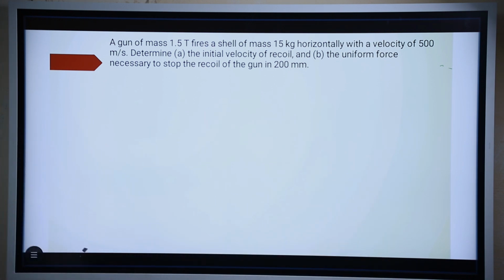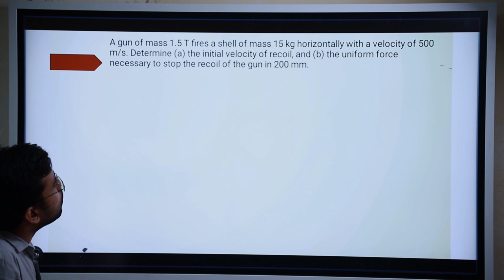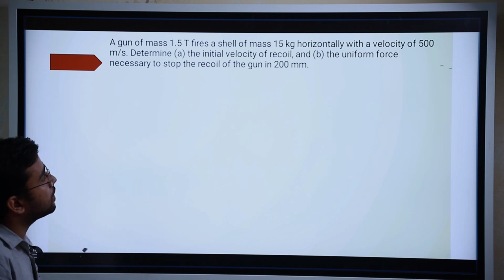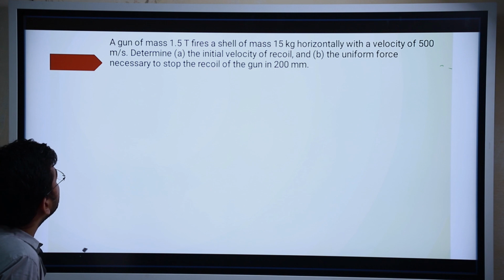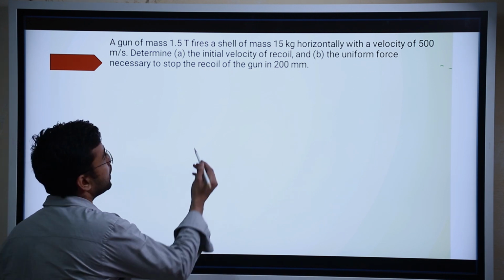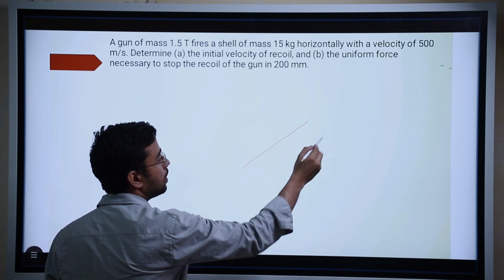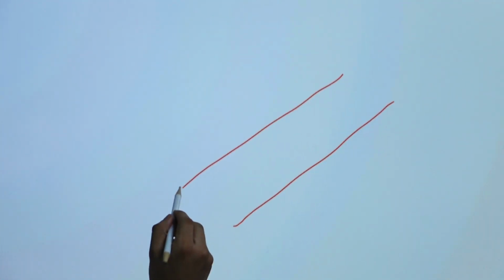A gun of mass 1.5 ton fires a shell of mass 15 kilogram horizontally with a velocity of 500 meter per second. Okay, so that shell. So we are having a gun. Suppose this is a big gun we have.